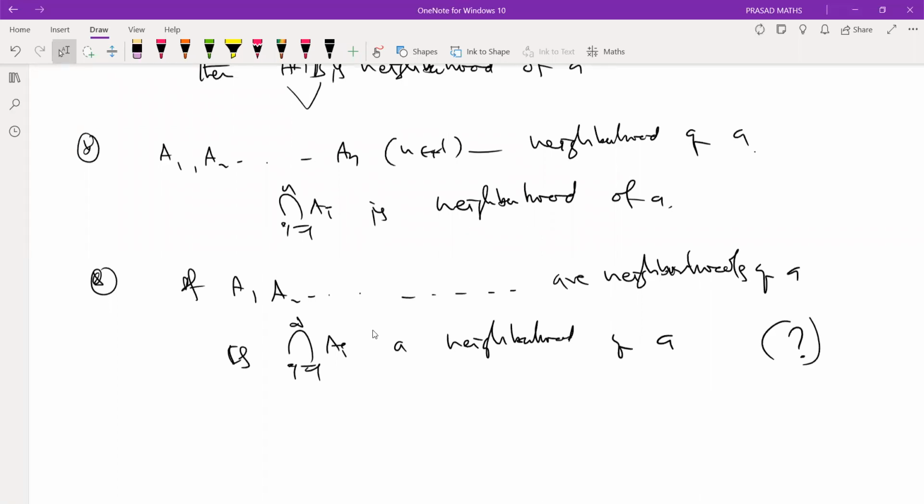Need not be. Can you give an example? Use the chat box. If you take the finite intersection, there is no problem. Finite intersection of neighborhoods is again a neighborhood of that point. But if you take an arbitrary intersection, that need not be. Somebody said so, but give a counterexample.